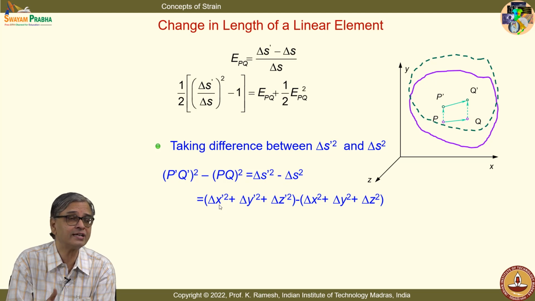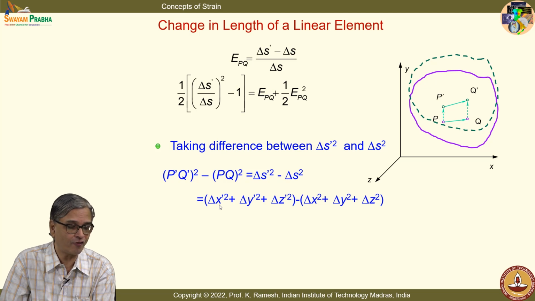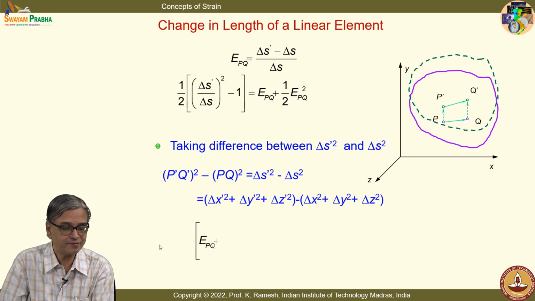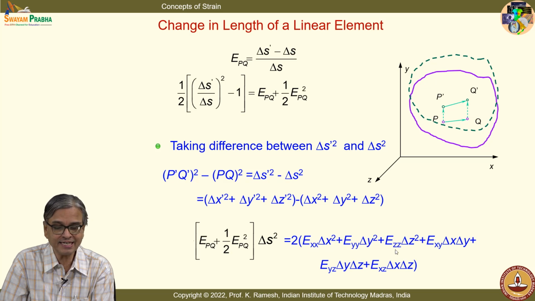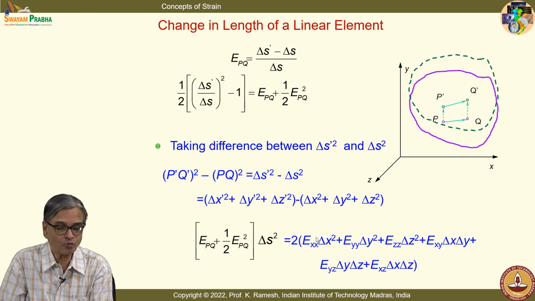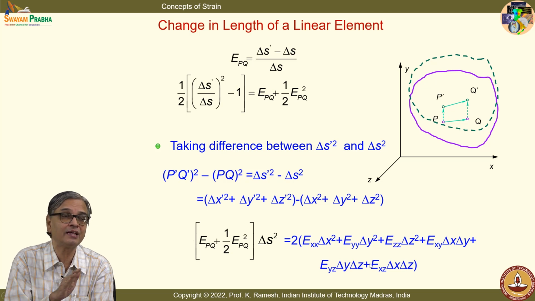I could write this in a form like this: 2 of Exx delta x squared plus Eyy delta y squared plus Ezz delta z squared plus Exy delta x delta y plus Eyz delta y delta z plus Exz delta x delta z, where the quantities Exx, Eyy, which we will see later, are the finite strain components.